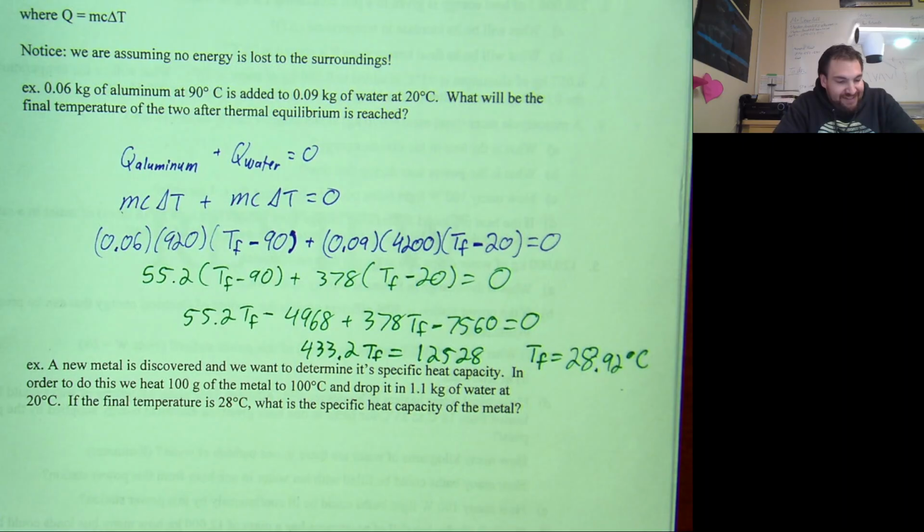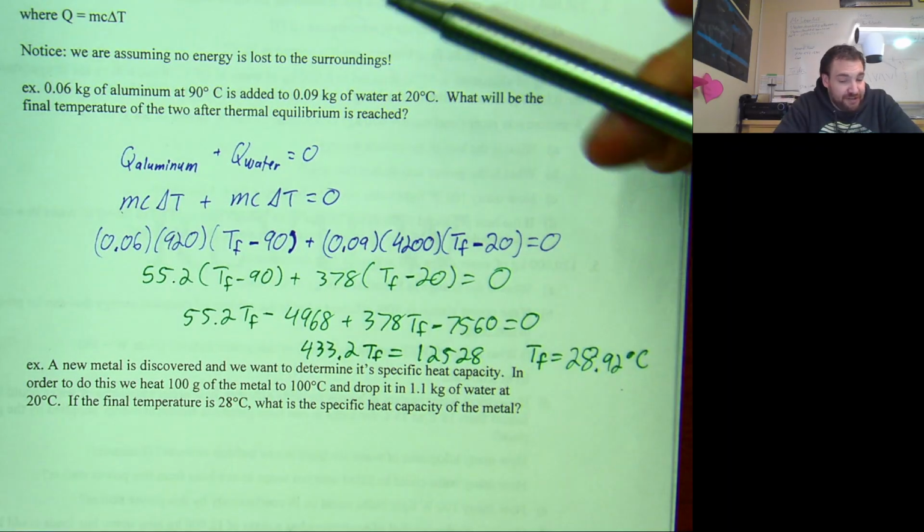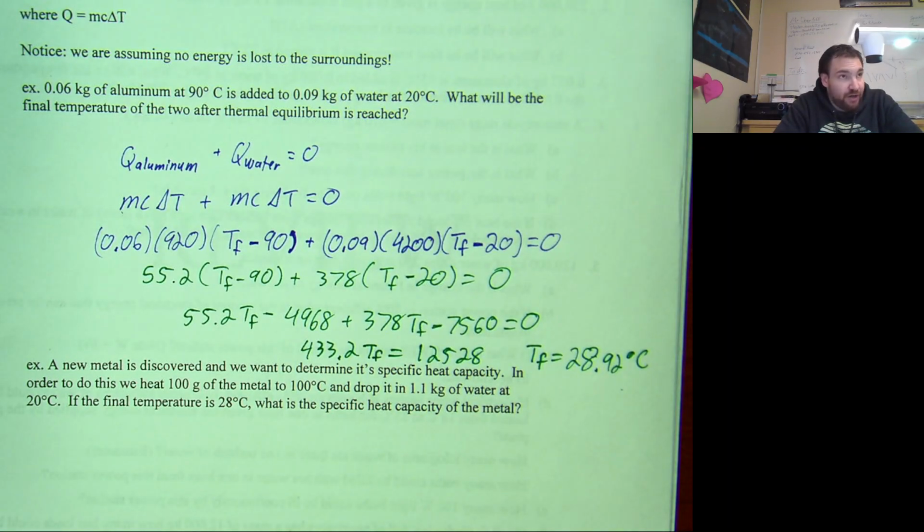So that 60 grams of aluminum at 90 degrees Celsius was only able to raise the temperature of the water almost 9 degrees. Interesting.